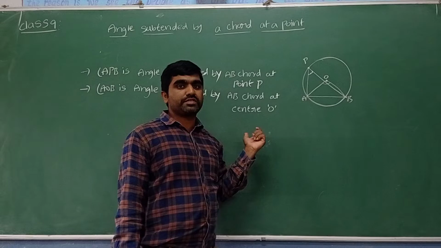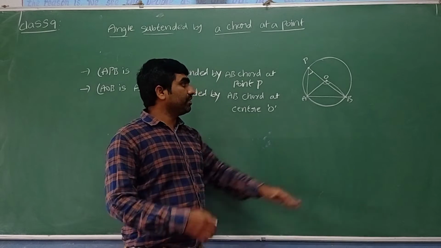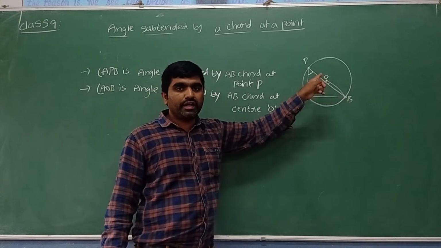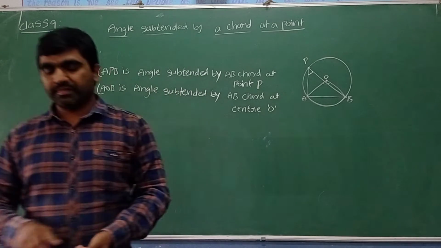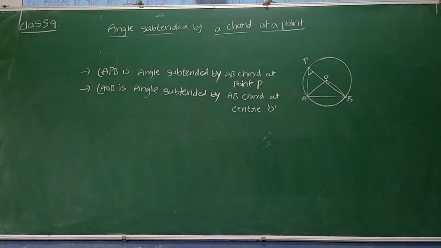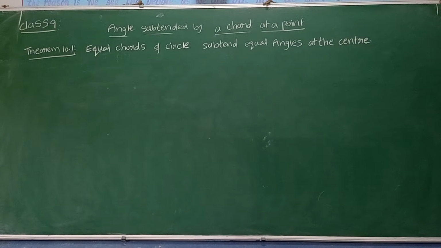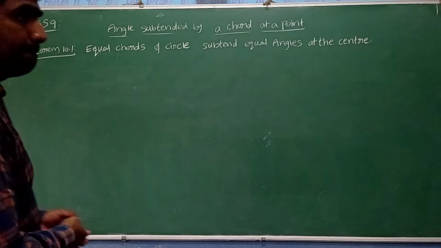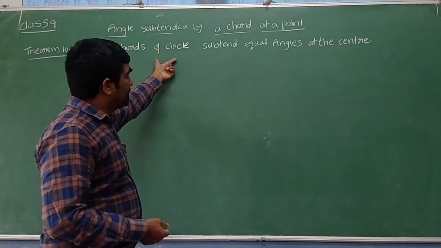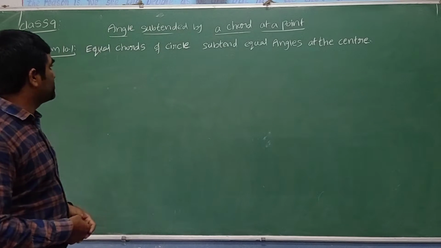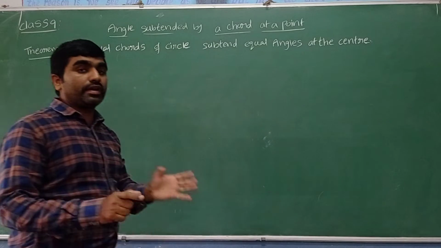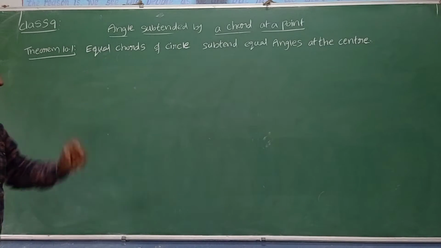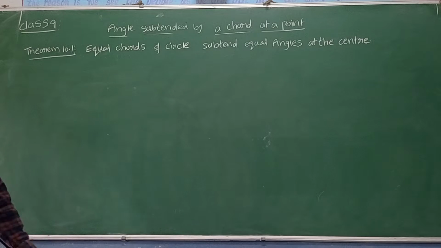Let's see some theorems which tell about the relation between the length of the curve and the angle at the center. To know this relation, let's see theorem number 10.1.